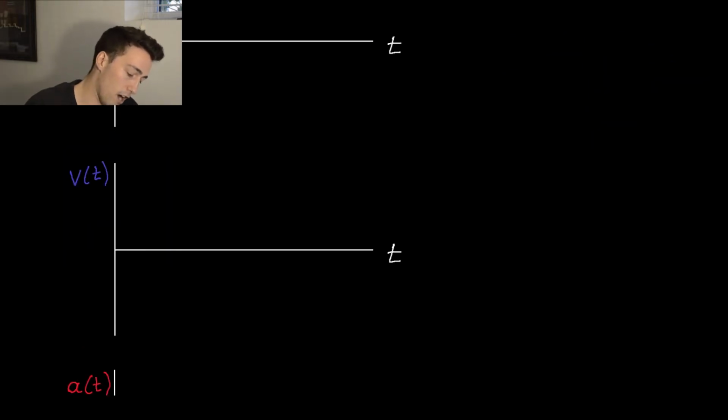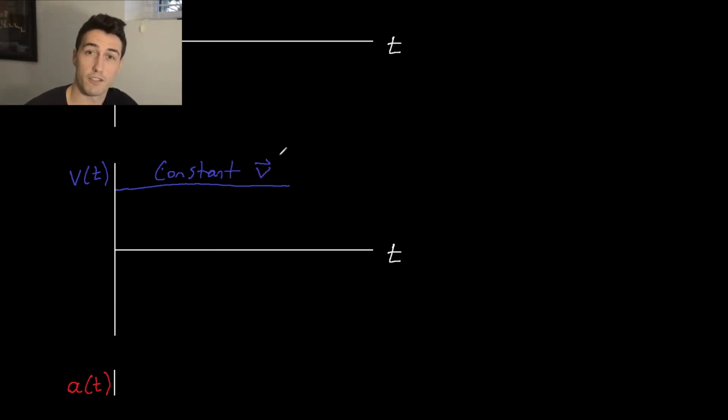Now if we look at a velocity graph, we have a constant velocity here. This will be constant v. We know that the slope of a velocity versus time graph is acceleration, but here the slope is zero. It's a horizontal line.